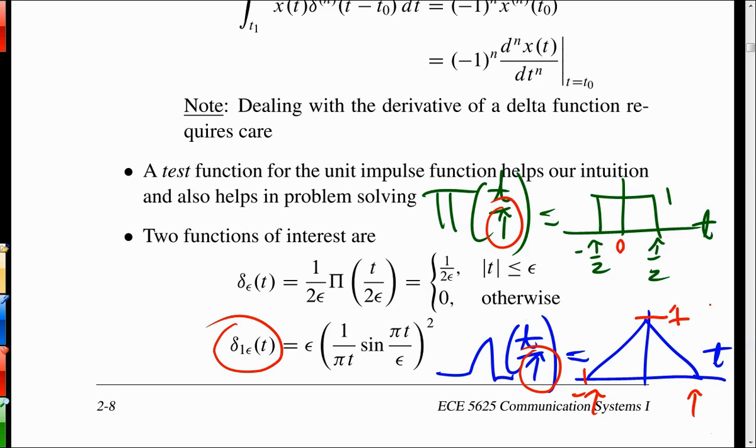The actual formula or definition of the pulse says the capital pi, absolute value of t is less than or equal to epsilon. Should that be 2 epsilon? Because it's the same as the denominator. No, because remember, for the rectangle pulse, it runs from half the pulse width on the negative axis to half the pulse width on the positive axis. So that's why it's got to be epsilon. If the full width is 2 epsilon, there's an epsilon on this side and there's an epsilon on the other side. Oh, okay, I see. Does that make sense? Yeah.